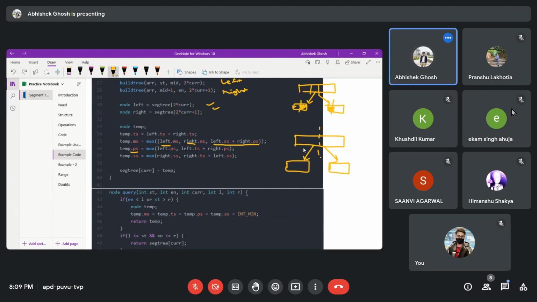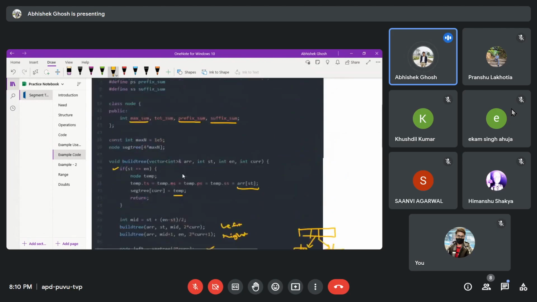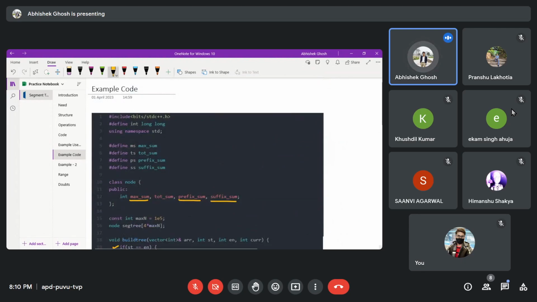But if the prefix sum is something like this, which overlaps the complete left child and a little part of the right child, it will be the total sum of the left array added with the prefix sum of the right array, which we have done here: total sum of left plus prefix sum of right. These are all constant time operations, all four of them. This might seem like a lot of work, but it is actually constant time only. The same logic is applied at query as well, and we are able to come up with the answer to the larger problem.